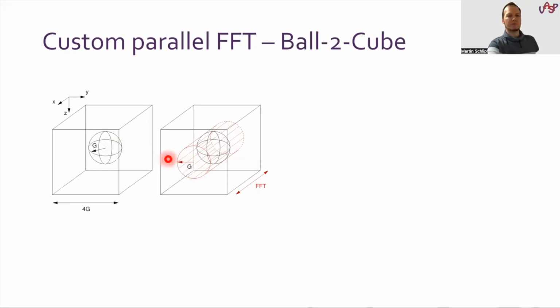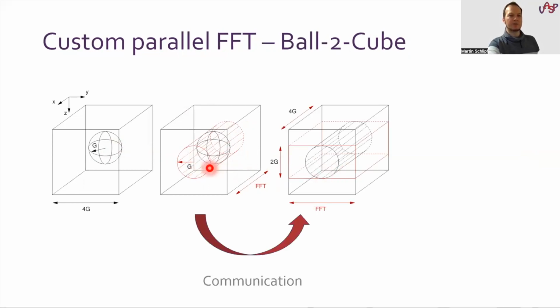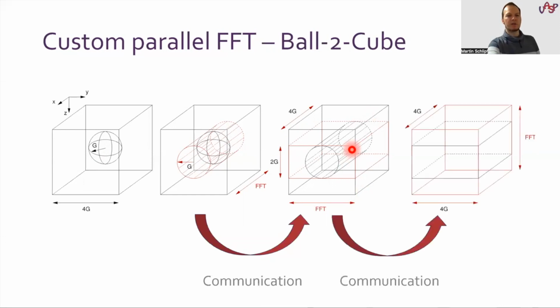But when we want to add the other two dimensions, we need to communicate the different G vectors. When doing so, we can expand from the cylinder to a plane, which is a subset of the whole grid. And then in the last step, we communicate again, and then we can perform a Fourier transform to the full cube.